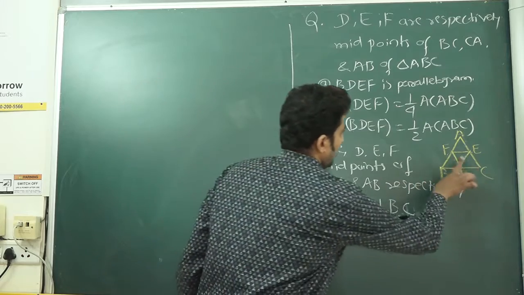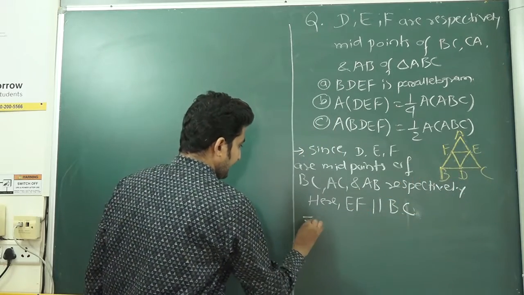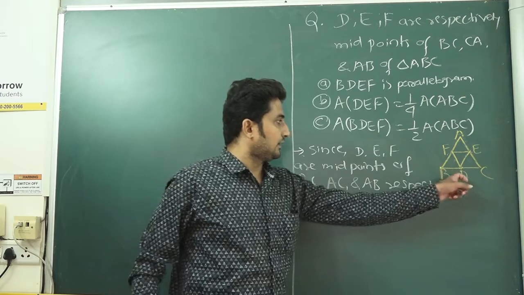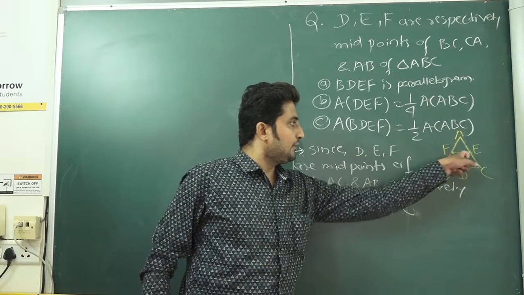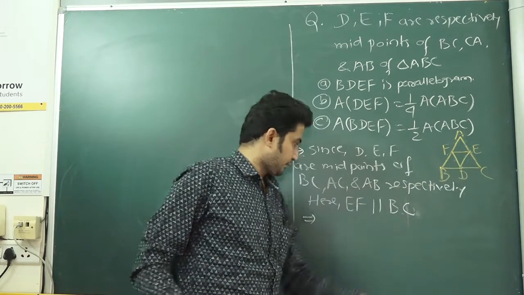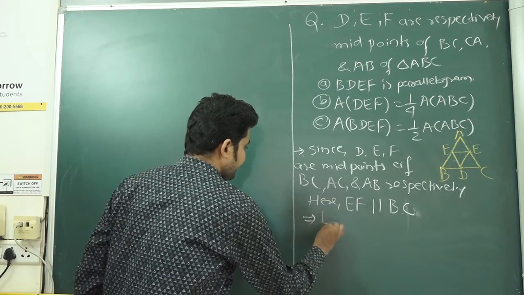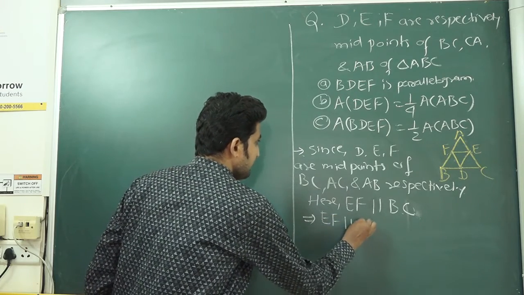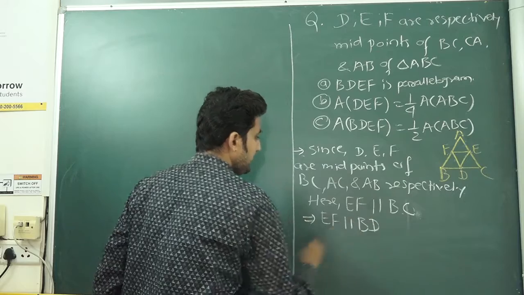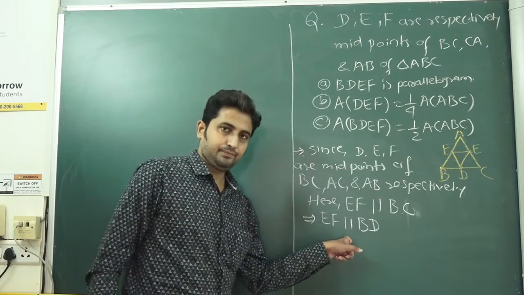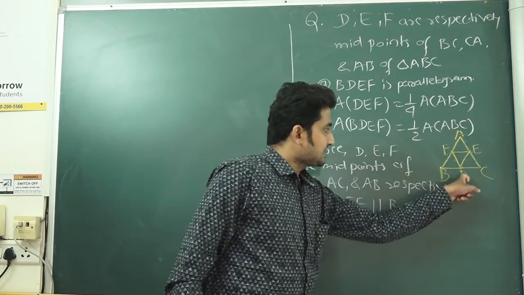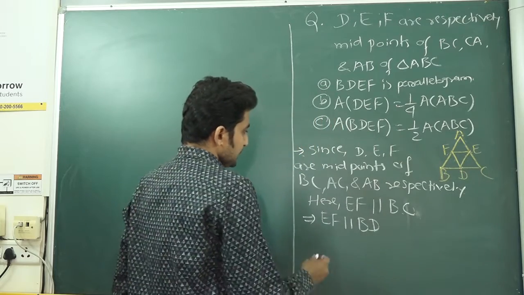Now, if this is parallel, we know that EF is also parallel to BD, right? It means that EF is parallel to BD, right? As D is the midpoint of BC.